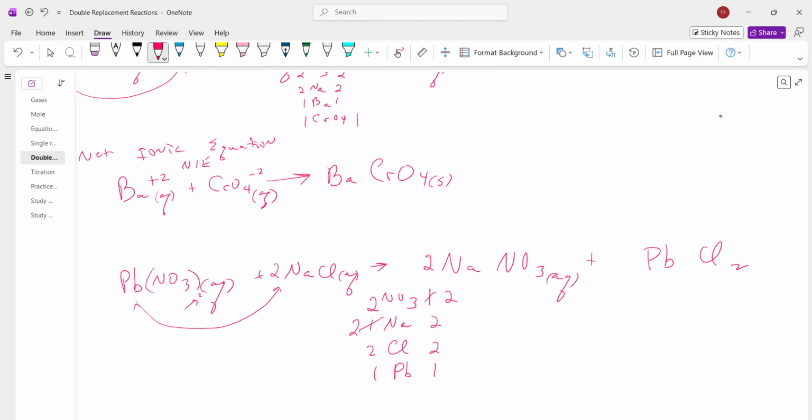So just write in your notes, sodium aqueous all the time. NO3 aqueous all the time. All right, what about the lead and the chloride? What did you guys find on that? We have a vote that it's a solid. Everyone get that? Either by the rules or by the table.